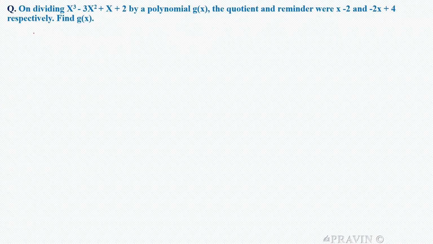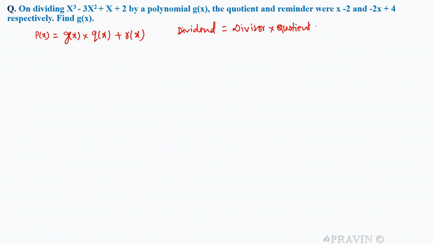For such type of problem, first you need to write the division algorithm in short, which is basically px is equal to gx into qx plus rx, and in words you can remember it as dividend is equal to divisor into quotient plus remainder.